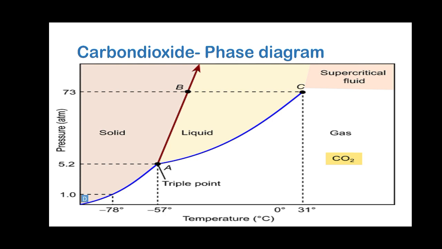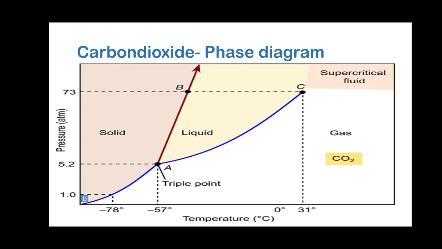To obtain liquid carbon dioxide, it is necessary to create a pressure of at least 5.11 bar. If the pressure is lower than that, then we cannot have liquid carbon dioxide.